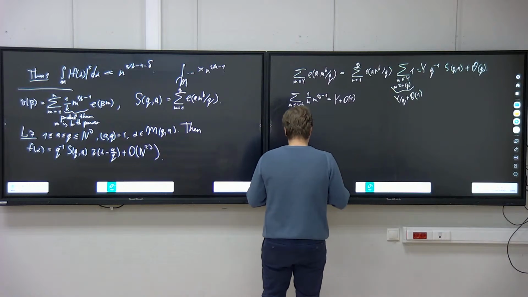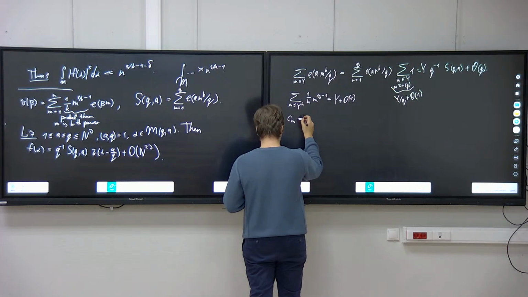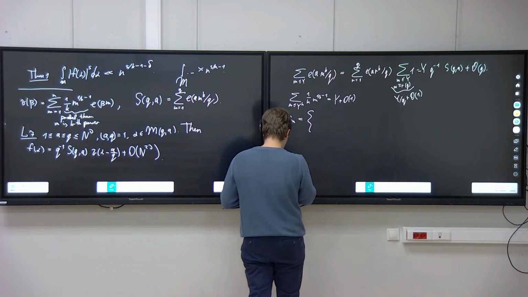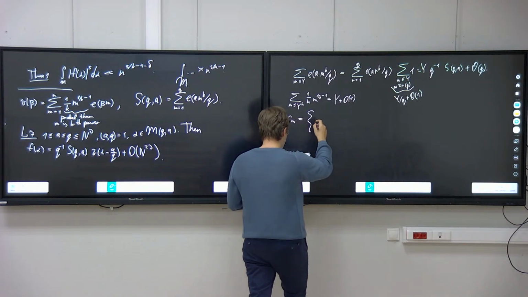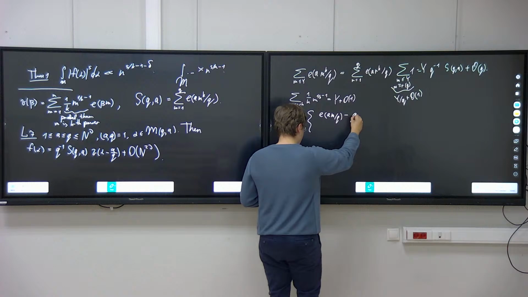And now let us define c of m to be such a function.